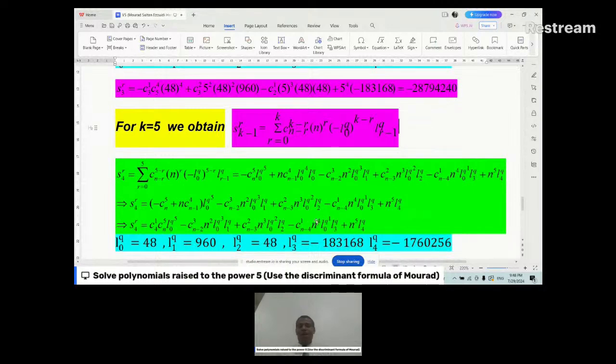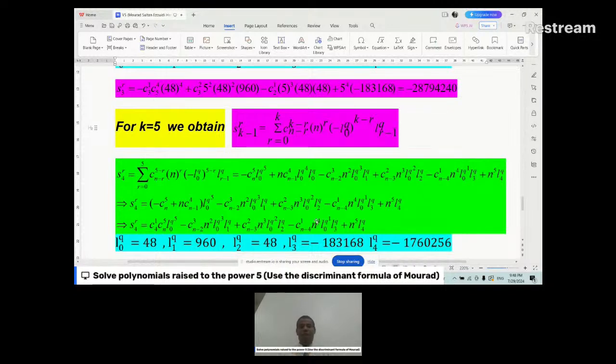So here, after finding the value of S4, we will immediately enter the block of bridges. It means at the first level you should write your new nth polynomial equation that has a relationship with the original polynomial equation.